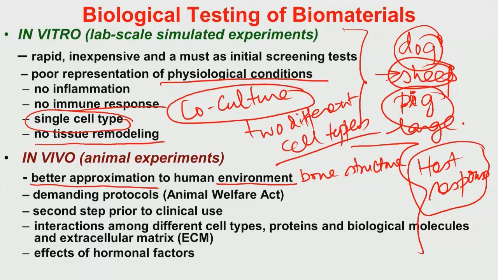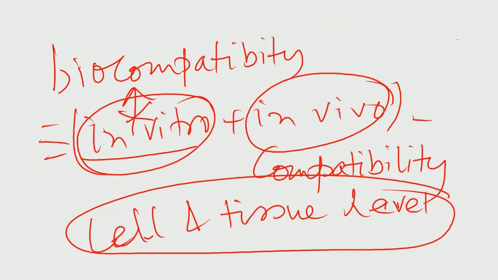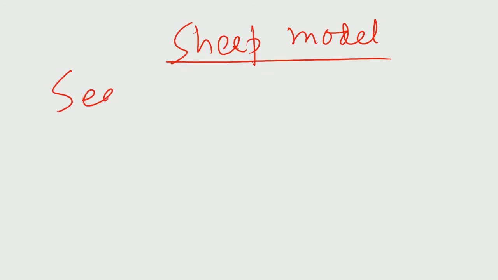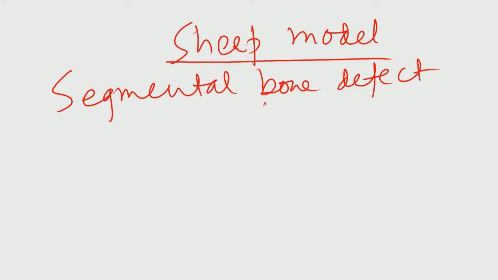In the sheep model one can create very large segmental defects, and if one goes to the literature, one finds that people have typically used large segmental bone defects with sizes somewhere between 10 to 48 millimeter. So, this is a large size.